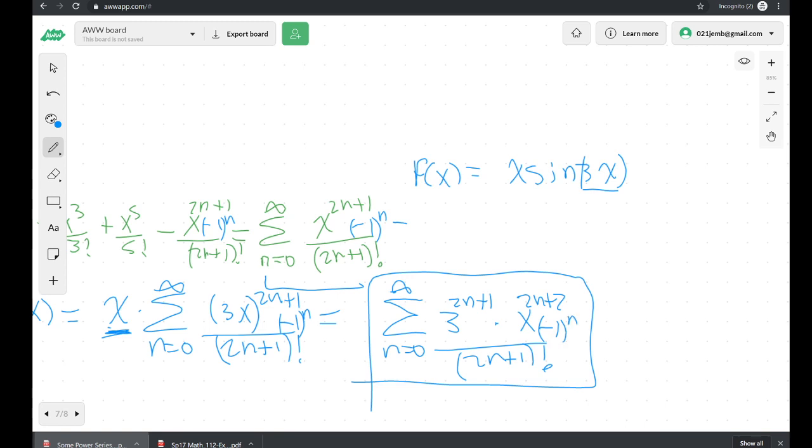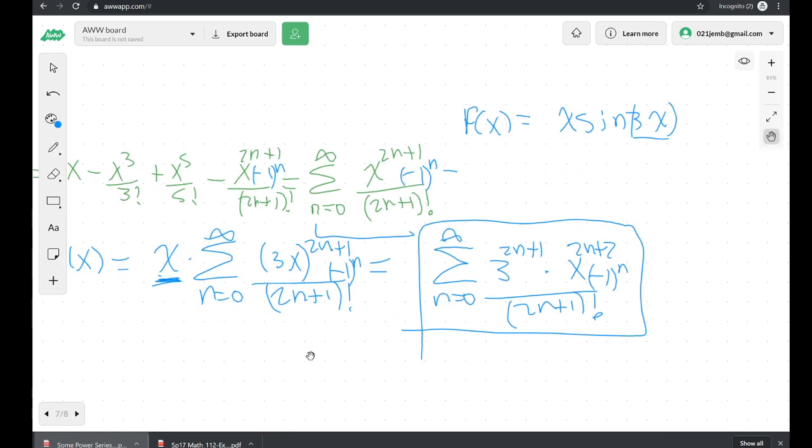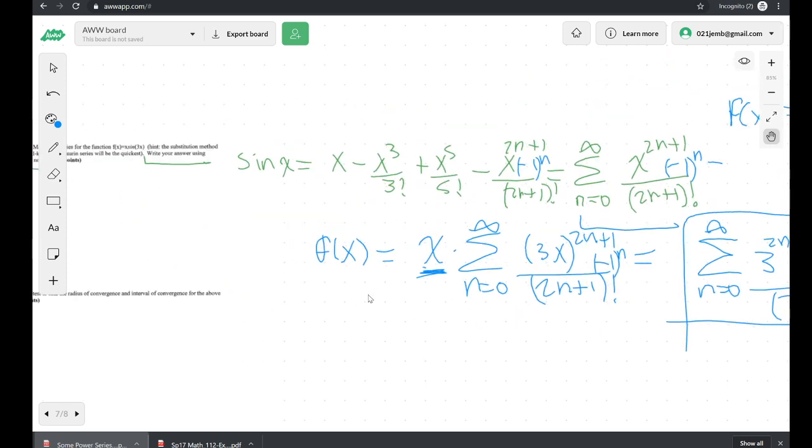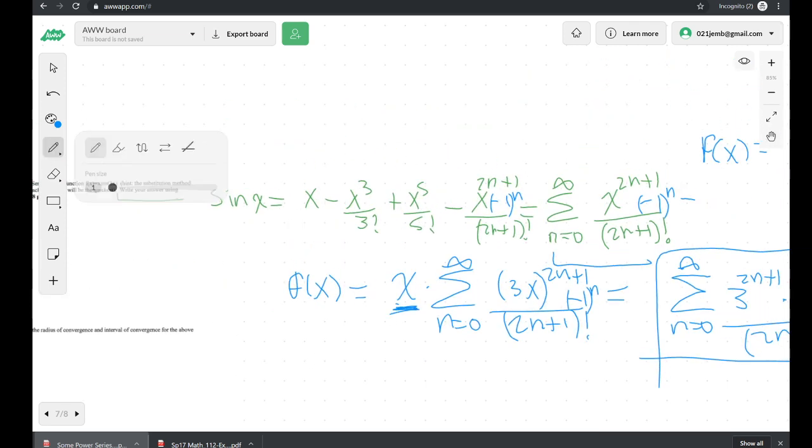All right, so this will be the series representation for x sine of 3x. Don't forget the alternators. Very important. See, I almost forgot it right there. So don't forget that the signs are extremely important. See if there's a change in sign.